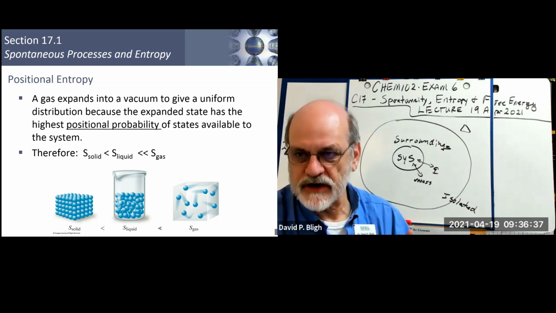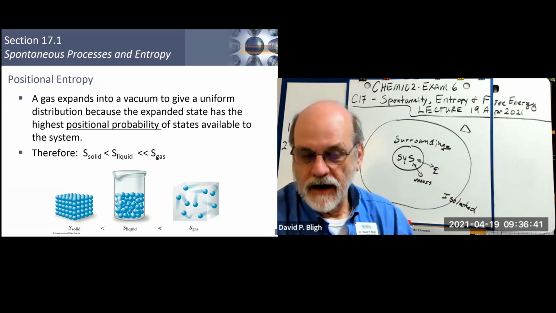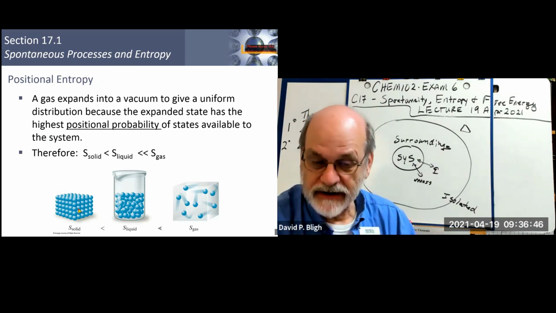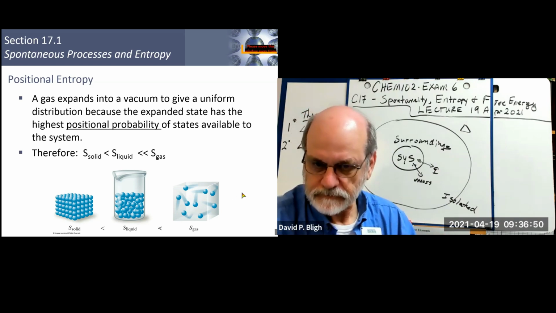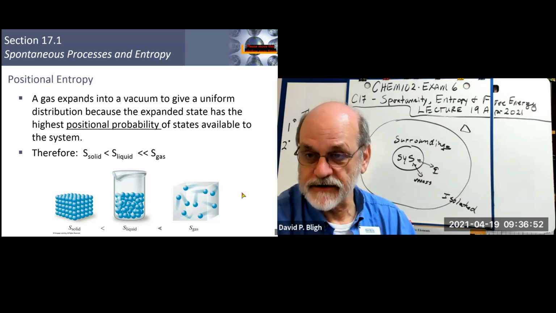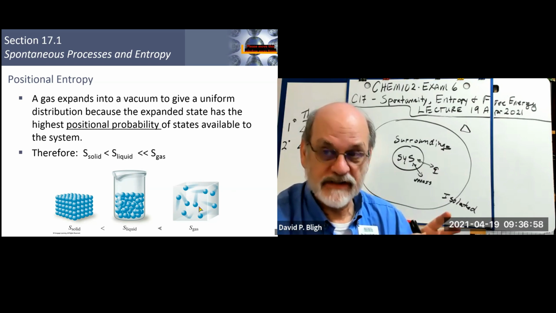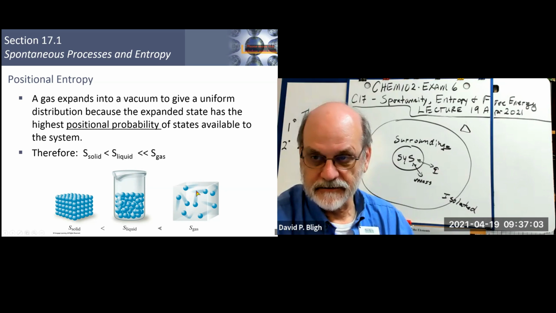How many possible positions do you have, microstates, of an element in its solid form, in its liquid form, in its gas form? Well, I think it should be fairly obvious that the most disorder you would experience for this element would be in terms of its gas. It has the highest entropy as a gas.